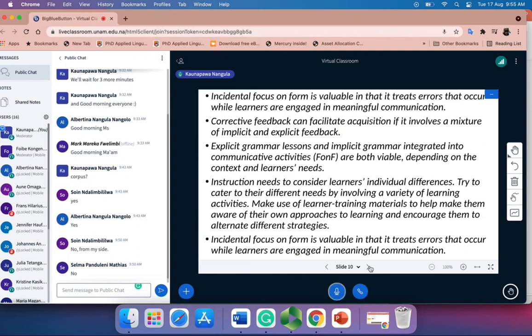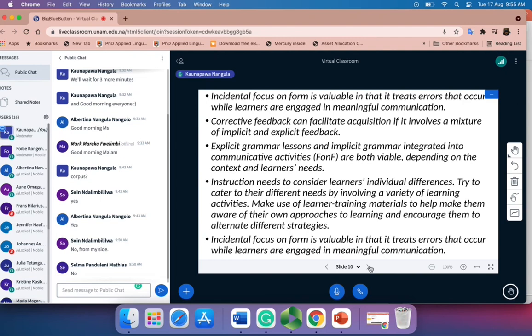Corrective feedback can facilitate acquisition if it involves a mixture of implicit and explicit feedback. So with implicit feedback, if the student has made an error, you don't say straightforwardly that this is an error, but you can just restate what they've said with the correct form. All right.